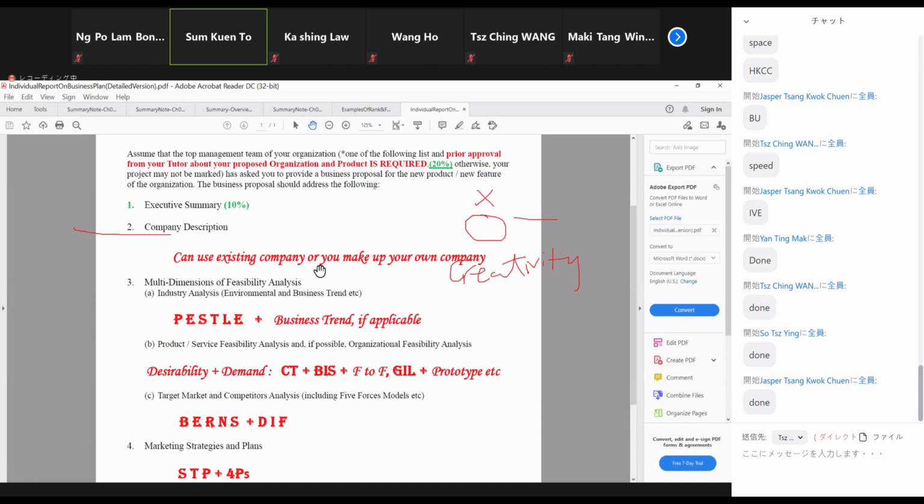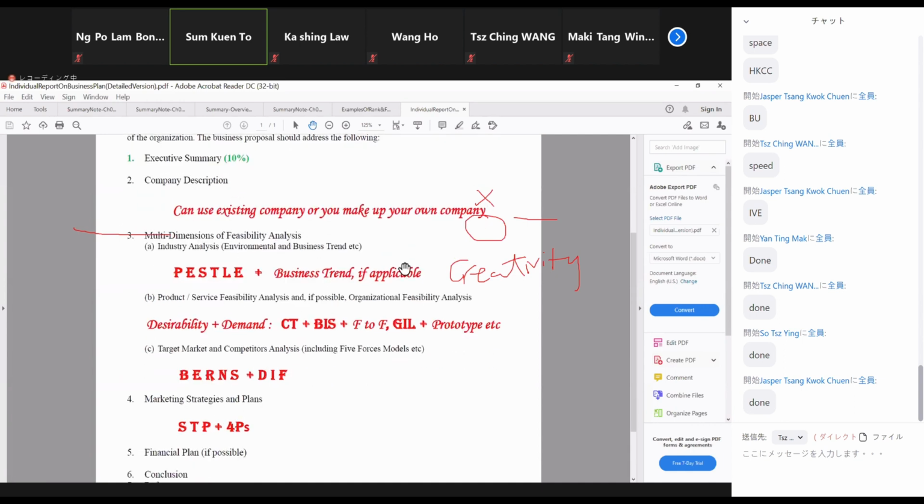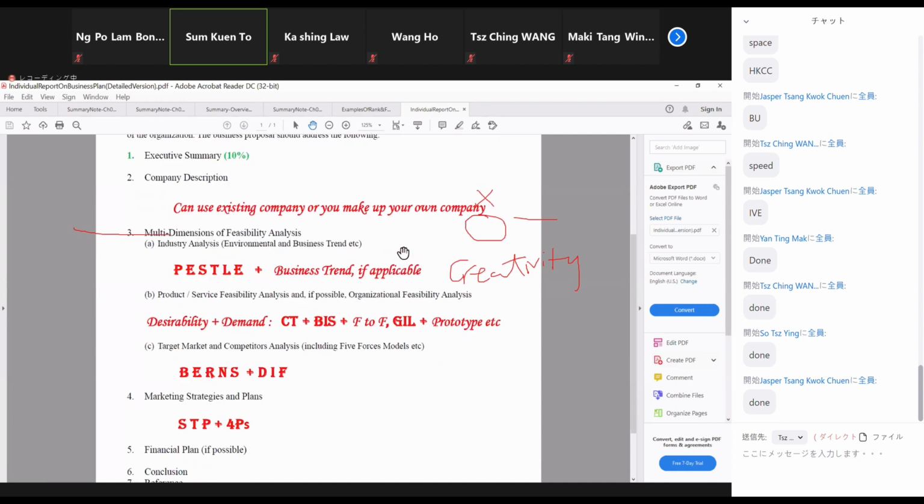If you didn't write the right content, even if the idea is good, sorry, you only get 30 or 40 marks. That's why I keep emphasizing chapters 3, 4, and 5. Pesto, Burns, DIF, CT, BIS, face-to-face, GIL are important.